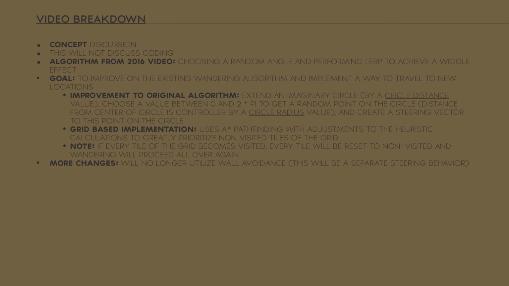If you want to implement a stealth game where the enemy travels along a path, you can turn the enemy's path into a grid and wander along that path. It's going to be very beneficial for always visiting unvisited tiles and prioritizing that when traveling back and forth.